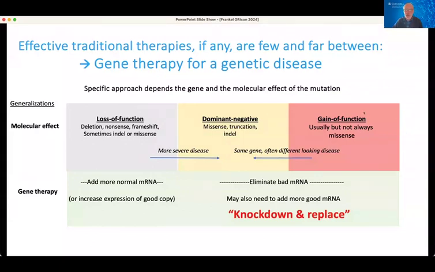At the other end of the spectrum, there's gain of function, where the RNA and protein are made, but it's doing something bad. This is usually, but not always, due to missense mutations. And there's also dominant negative, which are usually, again, missense mutations, sometimes truncations and indels.